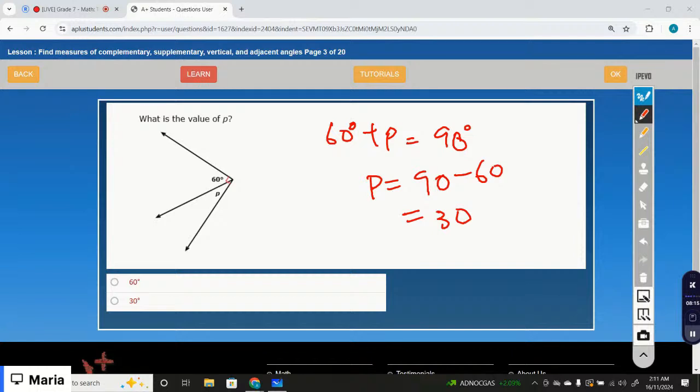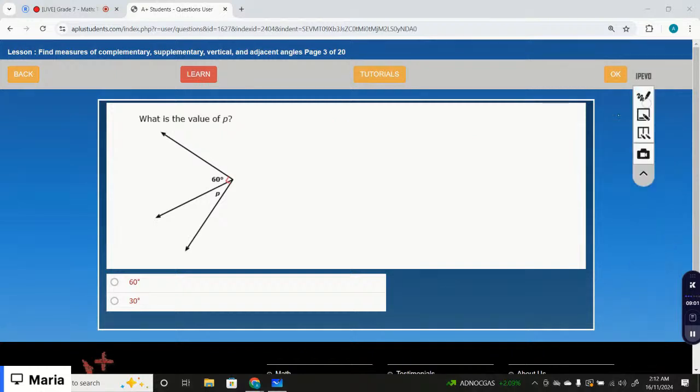The correct option is 30 degrees. That's option number 2.